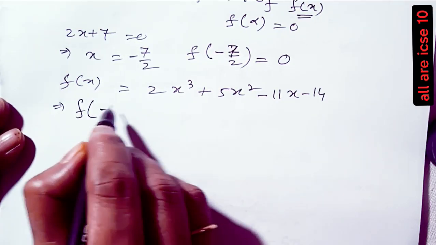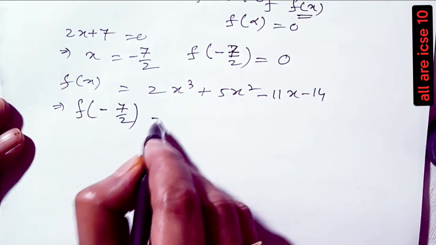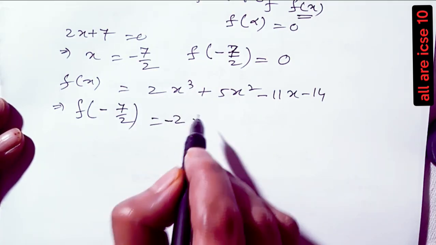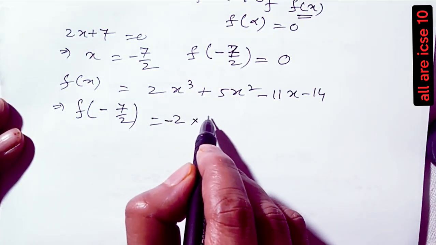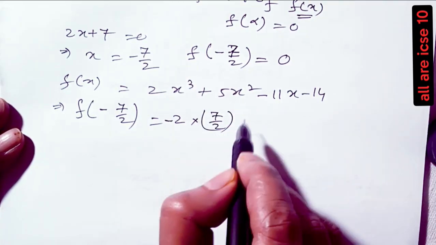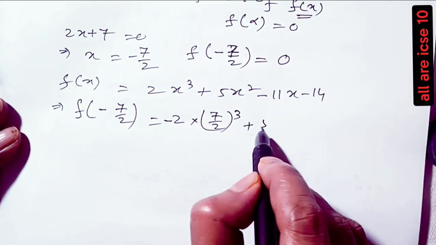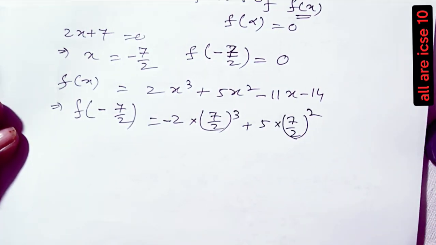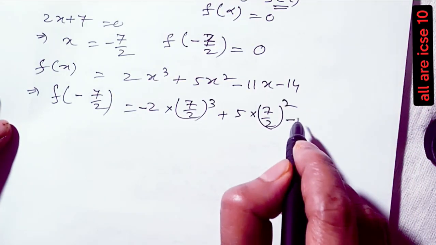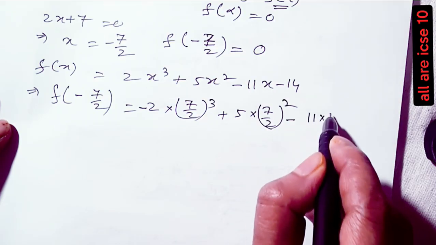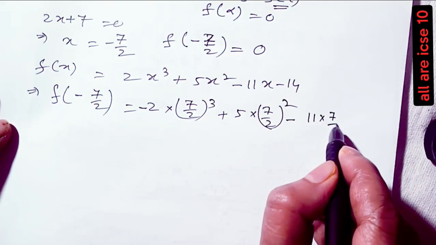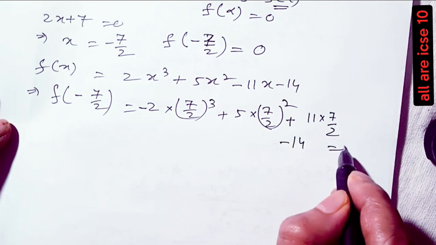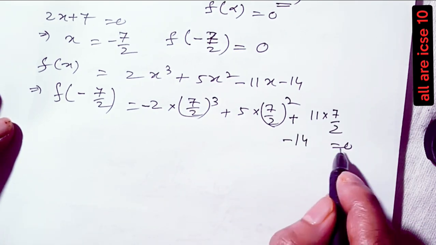So f minus 7 by 2 equal to 2 times minus 7 by 2 cube, plus 5 times 7 by 2 square, minus 11 times minus 7 by 2, minus 14. This will be 0.